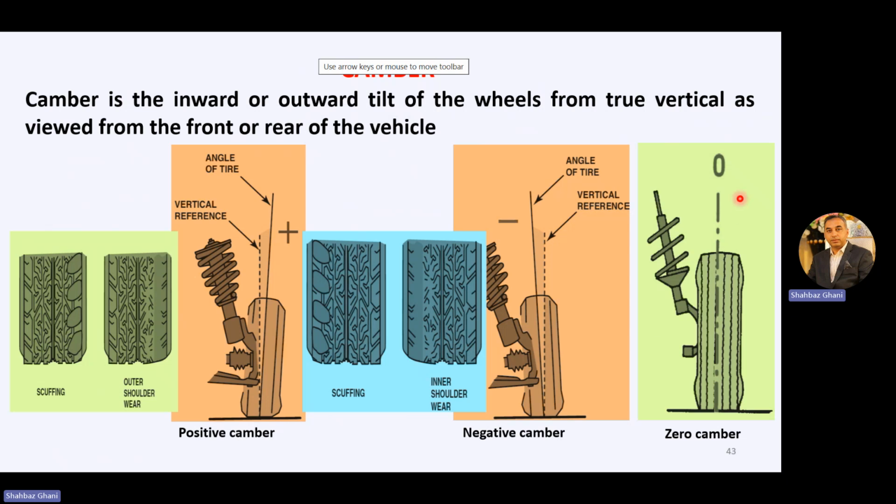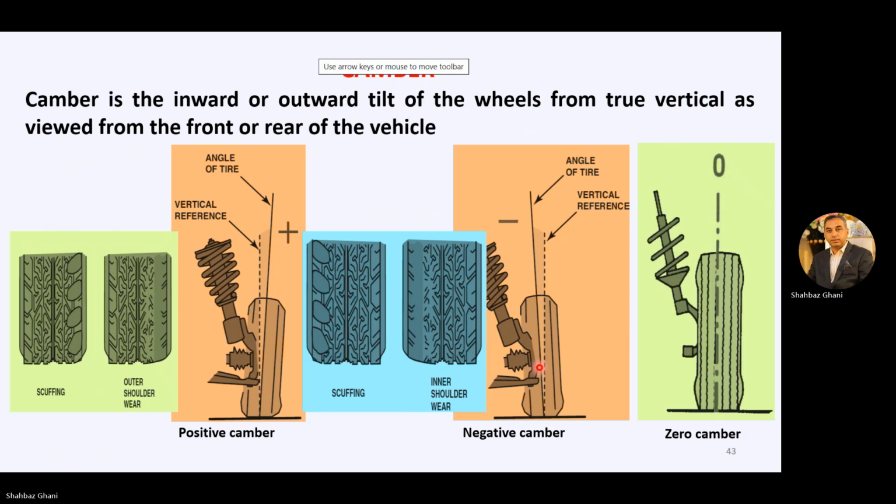We will see what is positive camber, what is negative camber, and what is zero camber. So let's see the right figure here. If you are viewing from the front and the wheel is vertically aligned with your vertical axis, then we have zero camber.